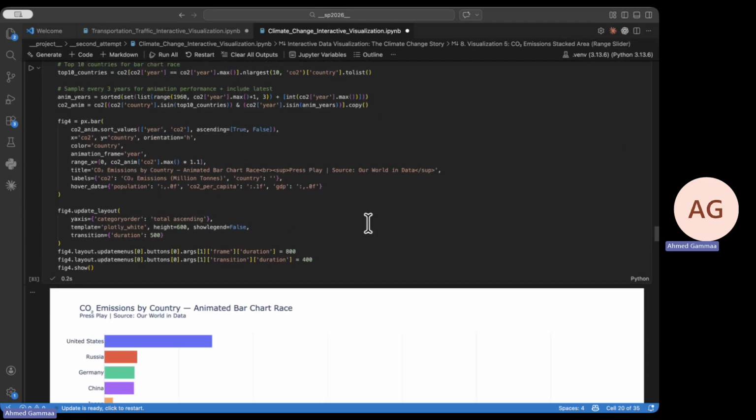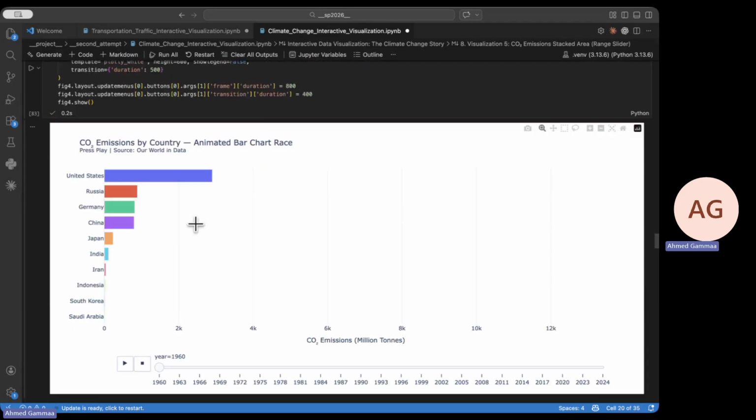Okay, this is a simple bar chart, but it has animation that you can run, and you can clearly see which bar is displaying what in terms of info: which country this bar is for, how much the emission is in this current year, what the population is, the CO2 per capita emission, stuff like that, and the GDP for the country.